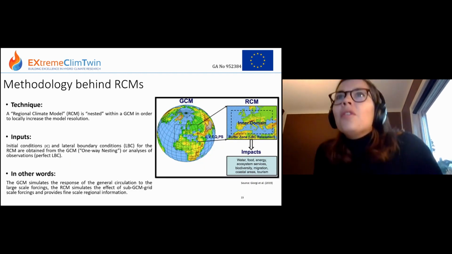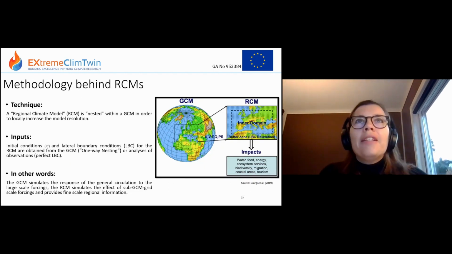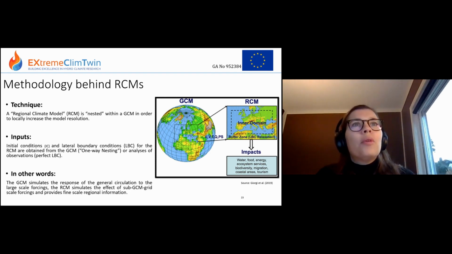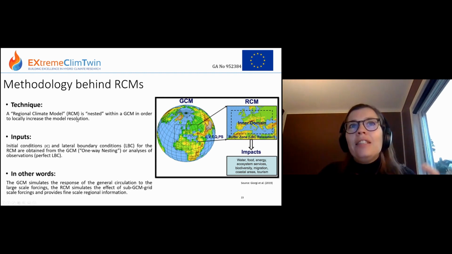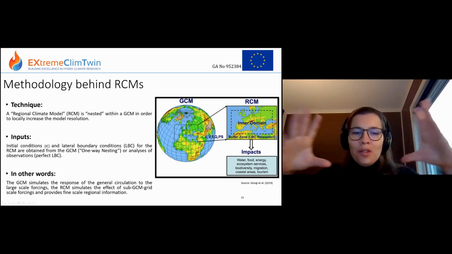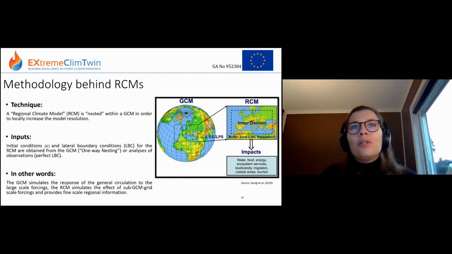So a little bit about the methodology behind regional climate models. Basically, we say that a regional climate model is nested within a global climate model. You can see on this image on the right, we could imagine that the regional climate model is in the middle of the global climate model, because the inputs of the regional climate model come from the global climate model.